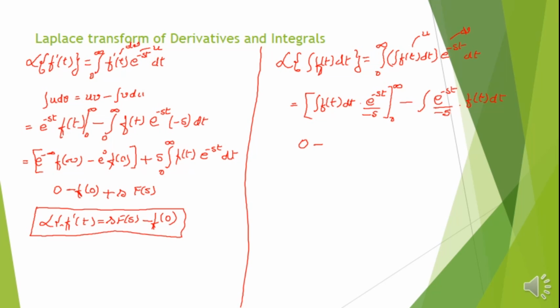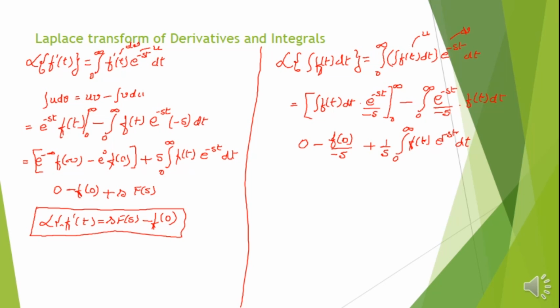What about this? Integration of f of 0 means it is f of 0 only, by minus s. Minus into minus plus 1 by s, integration with limit 0 to infinity f of t e to the power minus st dt.